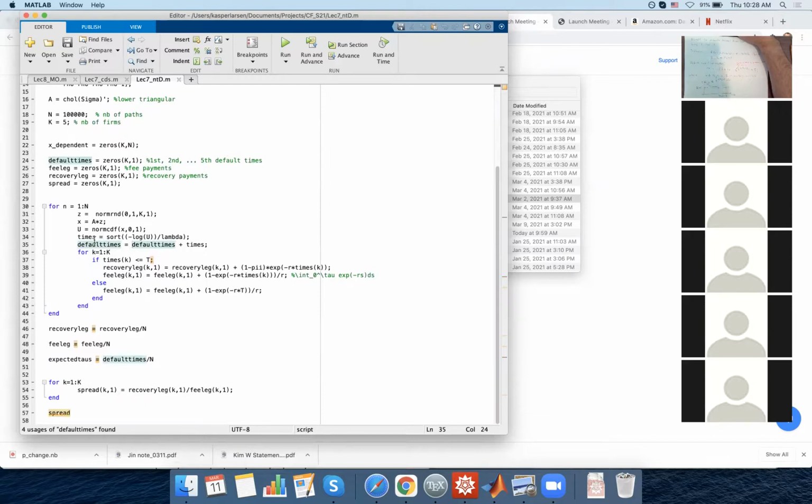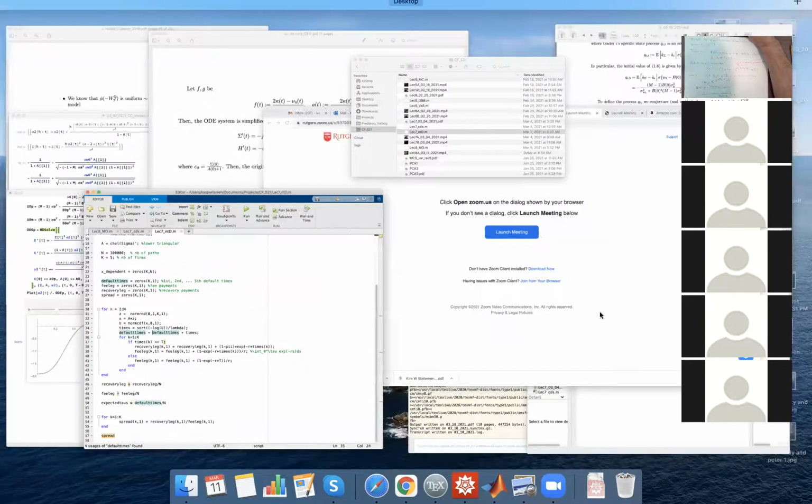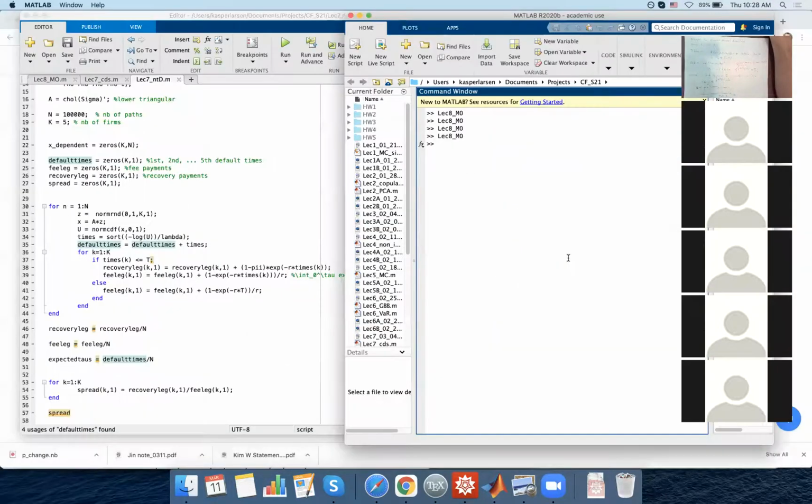It sorts them and looks at the first, the second, the third, the fourth, and the fifth. Then it computes the values of the two legs, and it equates them. Very similar to what we had done last time. So let me try to run it so you can see how it works, how fast it runs.